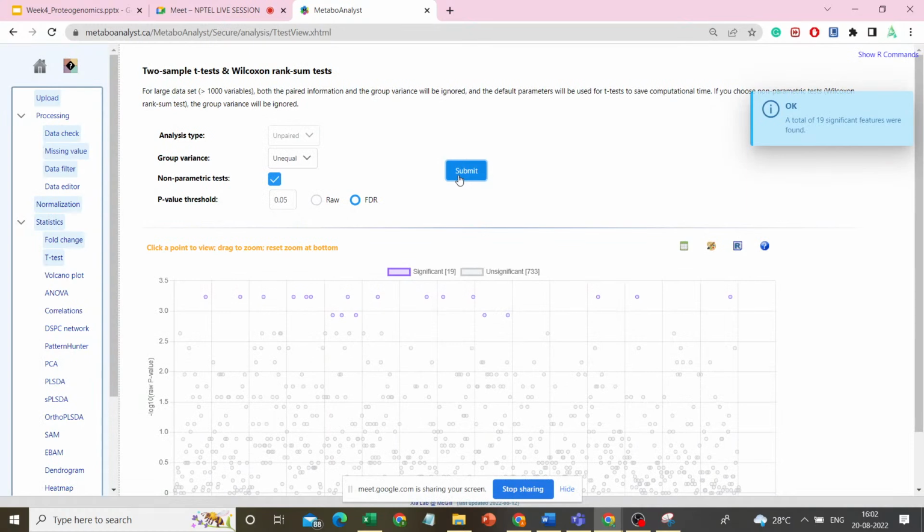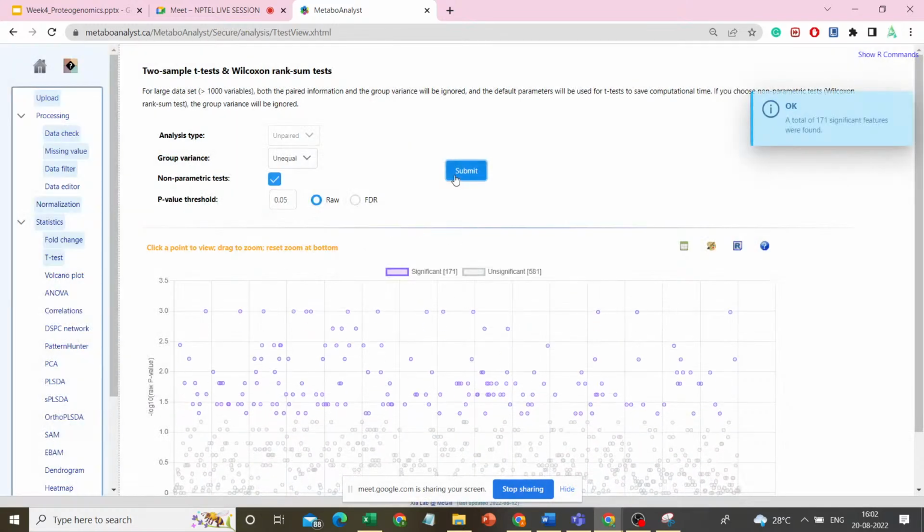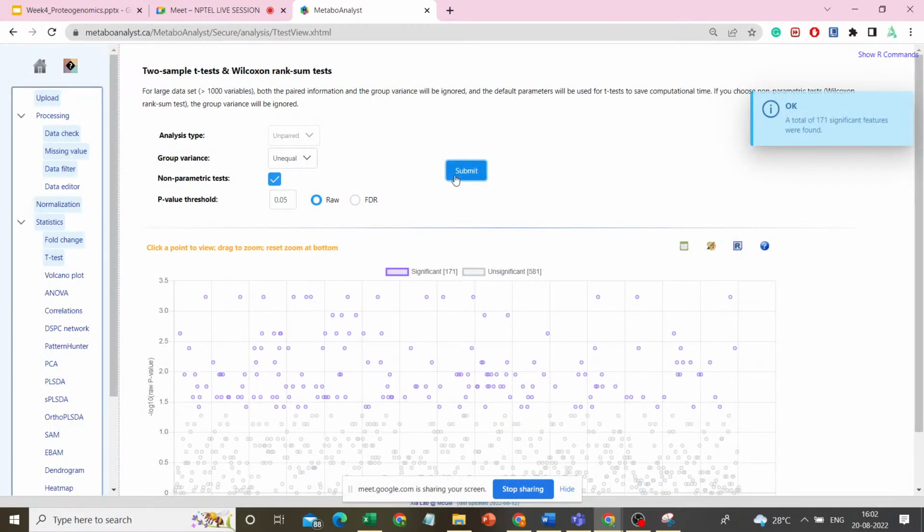Here 19 proteins come out as significant at an FDR of less than 0.05. If you want to make it a little less stringent, you can see that 171 significant proteins come up, but there can be some chances of false positives.